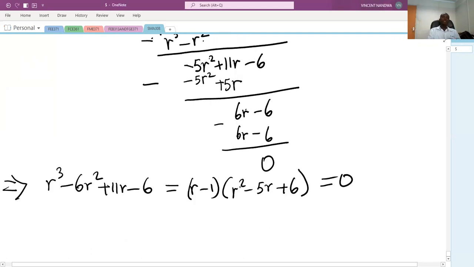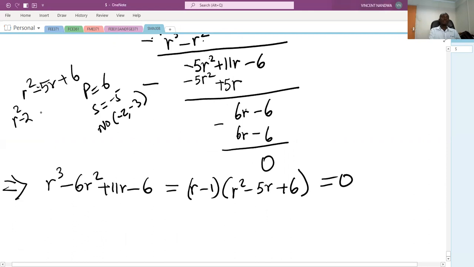So this quadratic, let's see, r squared minus 5r plus 6. The product is 6, the sum is minus 5. So the numbers should be minus 2 and minus 3. So that we'll have r squared minus 2r minus 3r plus 6.